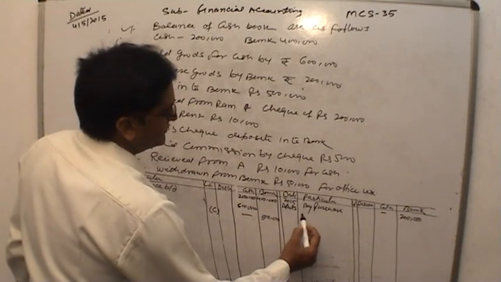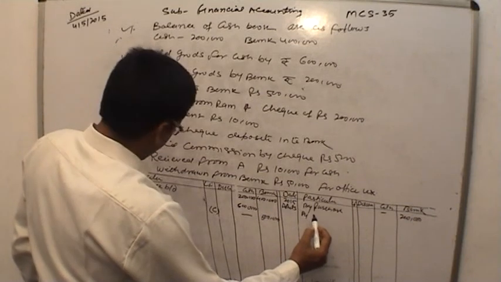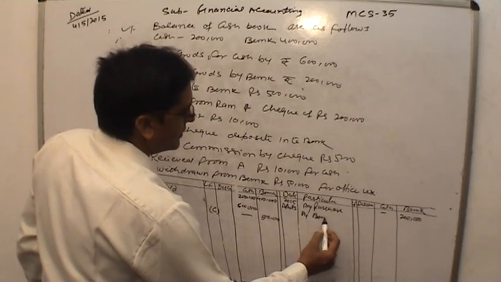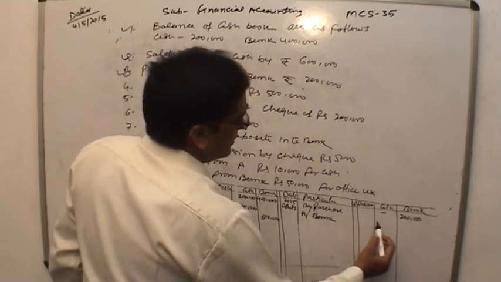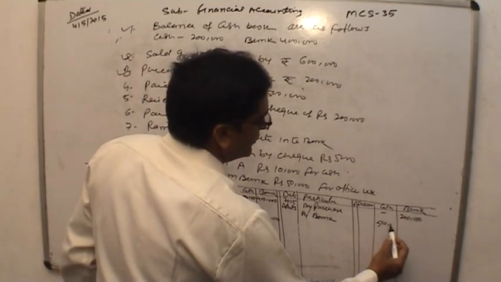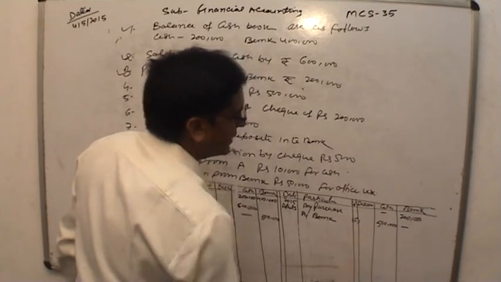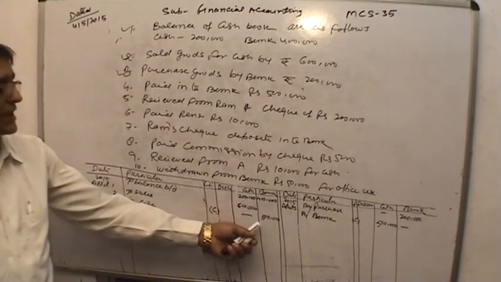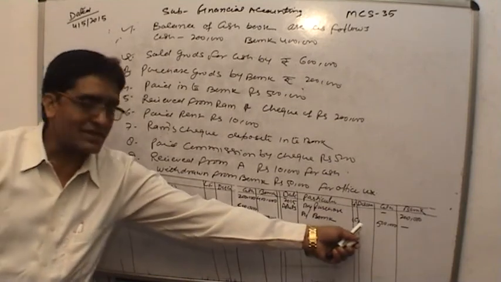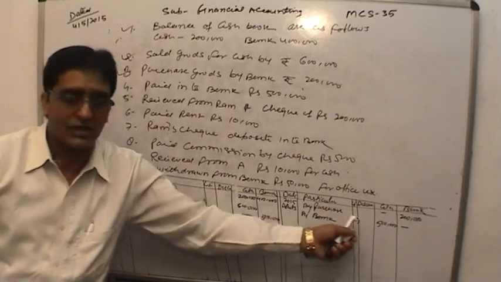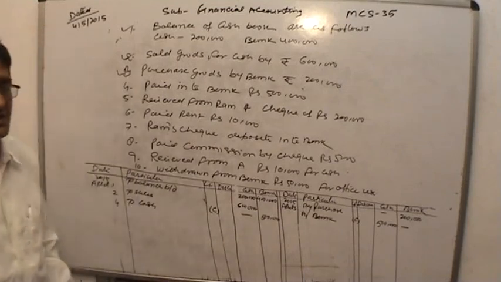At the same time, by bank, into cash column rupees 5 lakh, also written as C. In this case, the bank account is increased and the cash balance in your cash book is decreased. Therefore, the adjustment is being made.